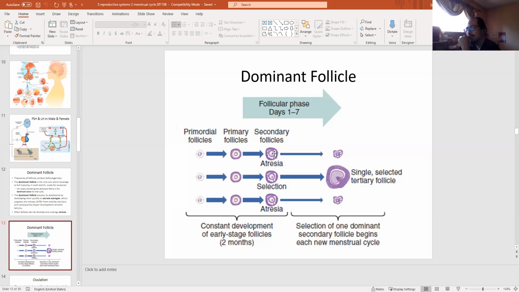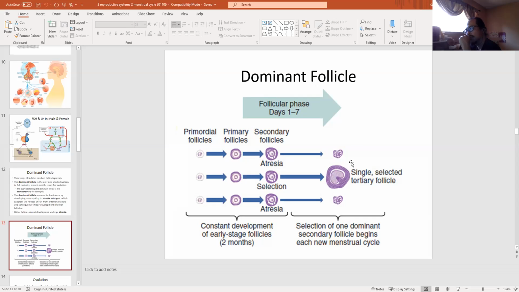The others will degenerate. When they die, when they degenerate, it's called atresia. Every 28 days, only one wins over.